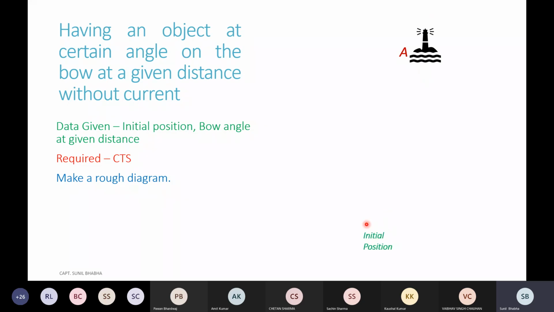Let's mark off our initial position also. The initial position is given in these questions. Let's assume that the vessel was at this particular position. Now, we don't know what course is to be steered. In fact, that is what we are required to find out. So for the sake of the rough diagram, I will be plotting one course here, which should be my CTS.